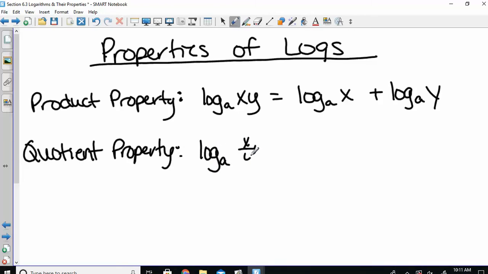Quotient property says if you have the log of things being divided, you can actually just subtract the individual logs.